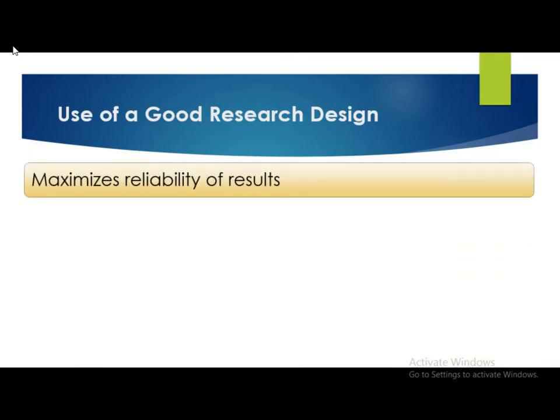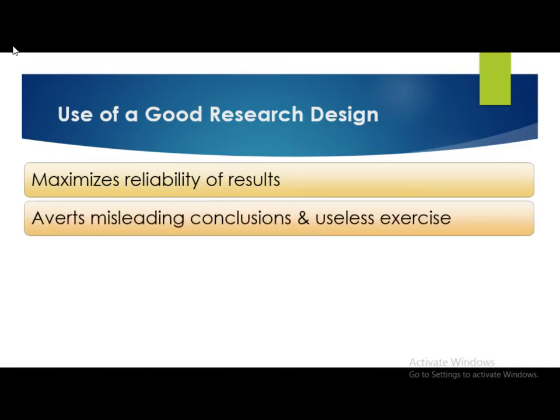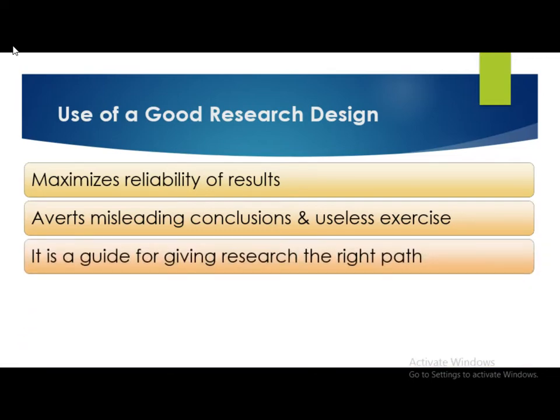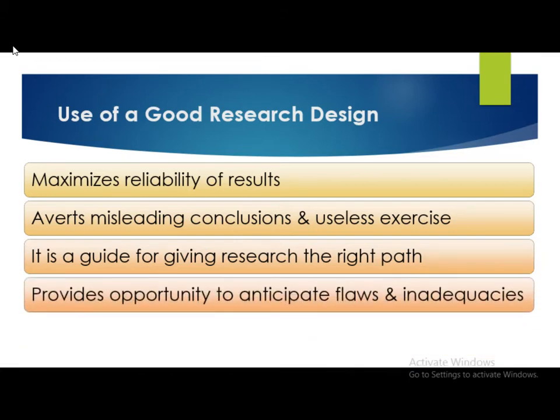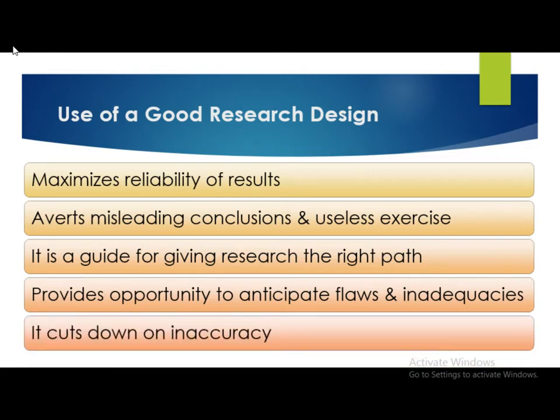So what are various needs and what are various outcomes of a good research design, that we will see. Because of good research design, it maximizes reliability of the research, it avoids misleading conclusions and useless exercises, it is a guide for giving research the right path, then it provides opportunities to anticipate flaws and inadequacies, it cuts down inaccuracies.